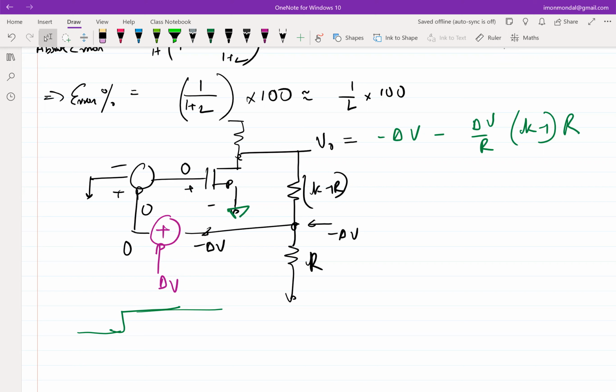You set the error voltage to 0 and do the analysis. And if you are trying to figure out exactly what is happening in terms of dynamics, then you don't set the error voltage to 0, or you don't assume the loop gain to be infinity. You do this intuitive analysis of what happens if the input is not 0.